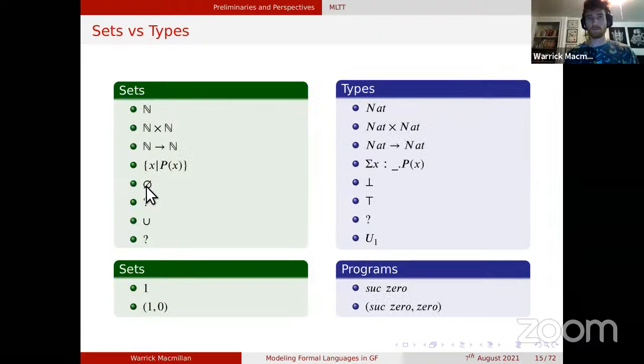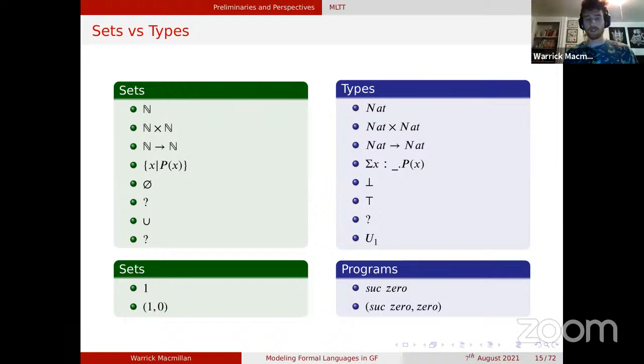So in classical mathematics, you distinguish between Cartesian products and conjunction of propositions, whereas in type theory, you have the same constructor for both. There's also functions, which are distinguished in set theory from implication. You have predicates, which are also sets, but those are just sigma types in type theory.